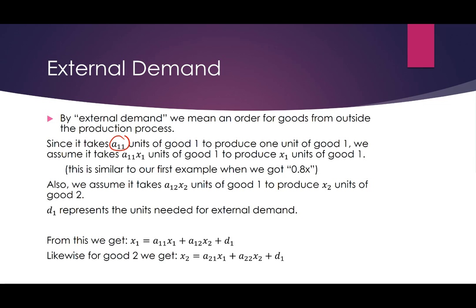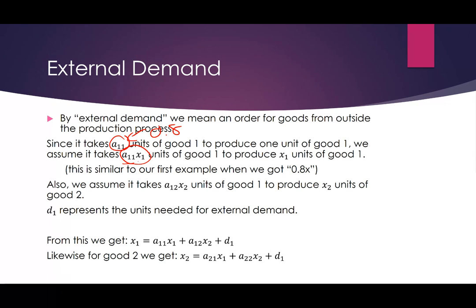We assume it takes A11 x1 units of good 1 to produce x1. So this is kind of like going back to our example 1. This number would kind of be the 0.8. Because in example 1, we said that 0.2 of our lumber was used up in the process. So 0.8 of it was good to go.